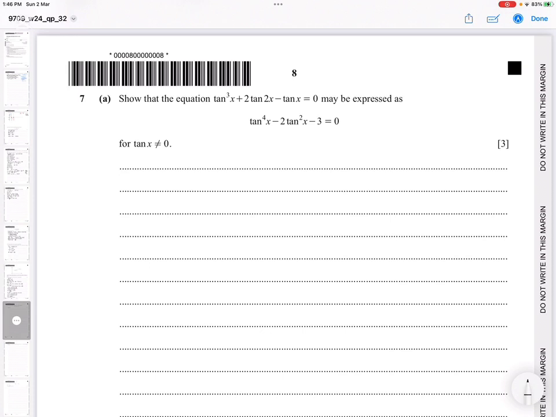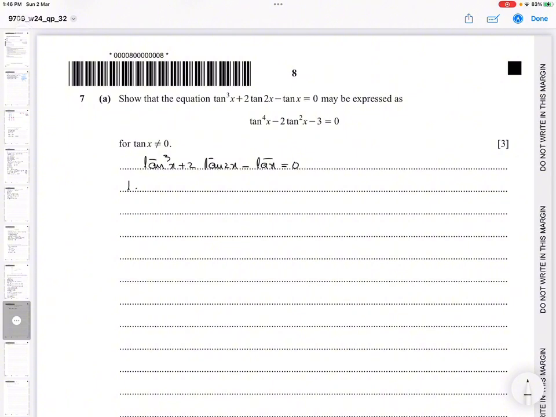Question number 7, part a. Show that the equation may be expressed as this, and tan x is not equal to 0. Tan 3x plus 2 tan 2x minus tan x equals 0.